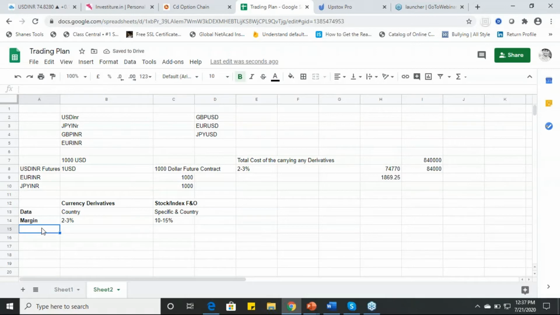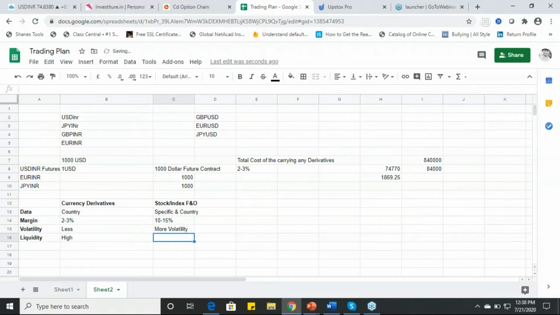As far as volatility is concerned, there is more volatility in the currency part, which is a good thing. As far as liquidity is concerned, in currency there is very high liquidity.